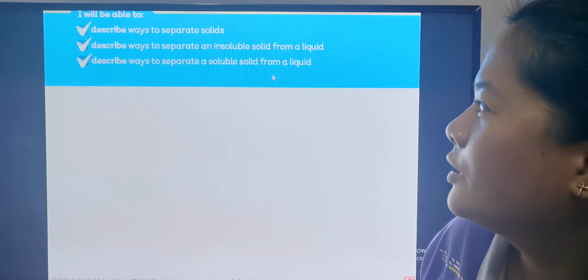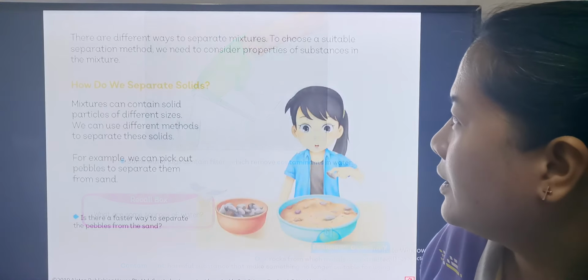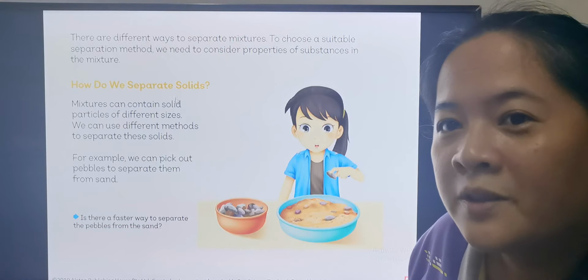So why do we separate mixtures? We want to get the materials or the substances separated from the substances that we don't need. Sometimes we filter or separate to remove contaminants from the water. How do we separate solids?